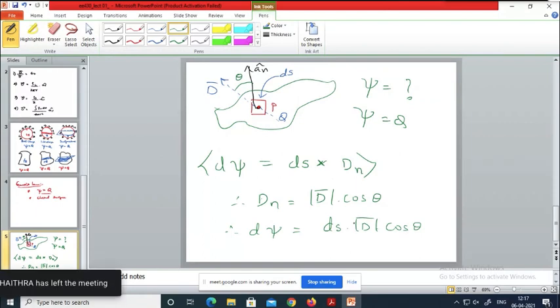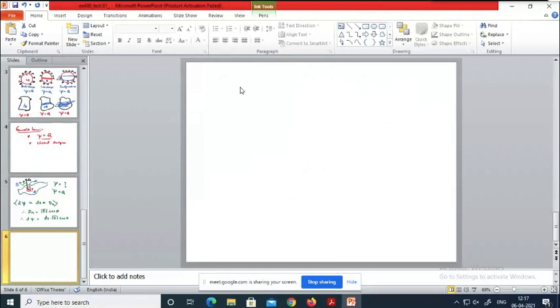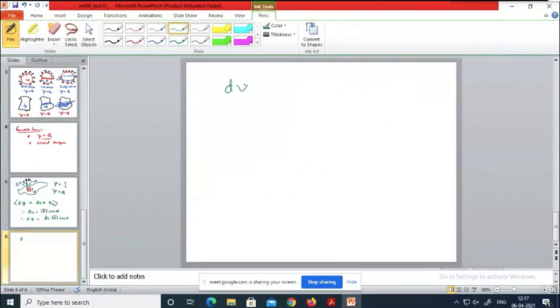I just carry forward this equation onto the next slide. So your d psi is equal to D cos theta into ds. Similarly, D into ds into cos theta. So how does this look?